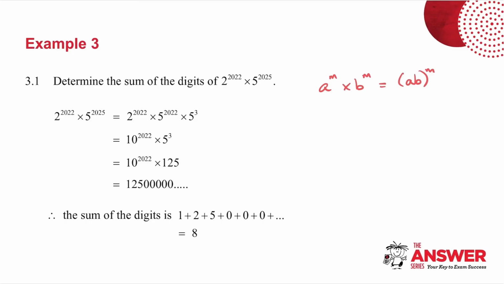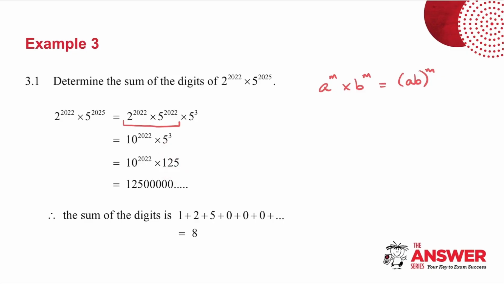Now what I'm going to do is combine these two, and I'm going to use this law. Because the powers are the same, I may multiply the bases and get 10, and my power stays the same. Now, 10 to the power 2022 is 1 with 2022 zeros after it. 5 cubed is 125.